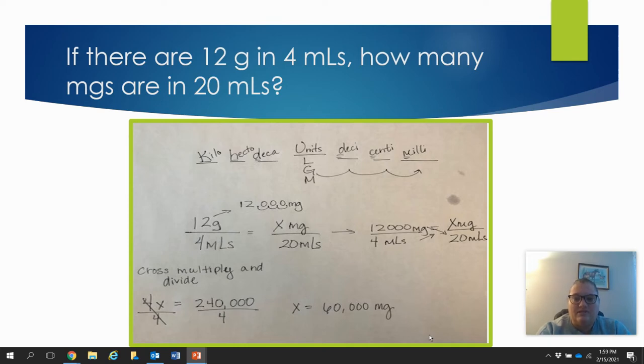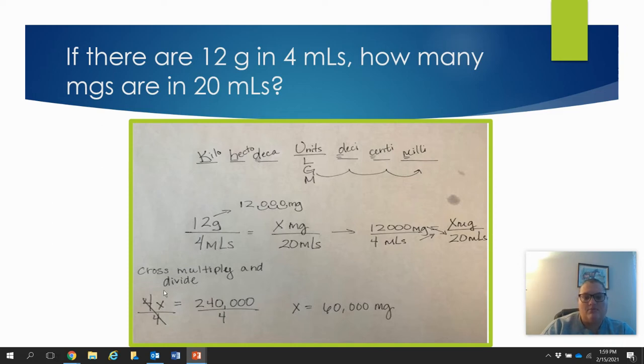So you can see as I did that, now we have 12,000 milligrams over 4 mLs, and then we have X milligrams over 20 mLs. Now we just need to cross multiply and divide. So we get 4X equals 240,000.